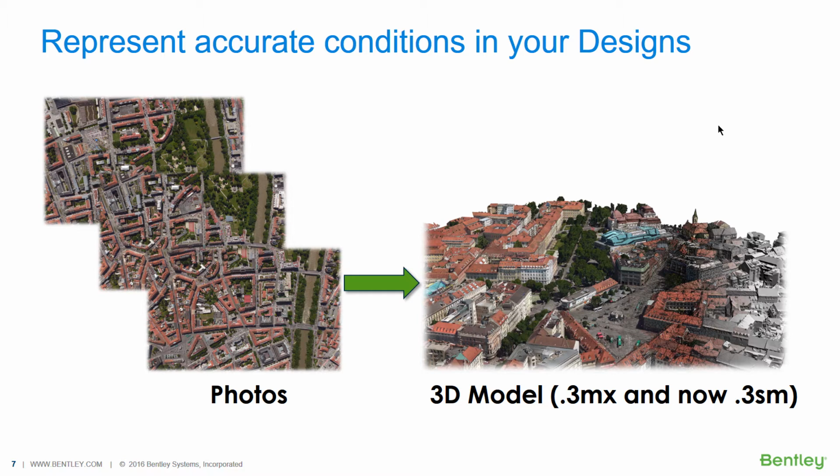Essentially, you have to overlap them a bit, but then you can pull them into our ContextCapture application, and you can produce a three-dimensional model from it. It used to be a 3MX file format for ContextCapture. We now have 3SM for the scalable mesh, and I'll talk about that in just a couple minutes here. But take photographs, do some magic with the software, create a 3D model.